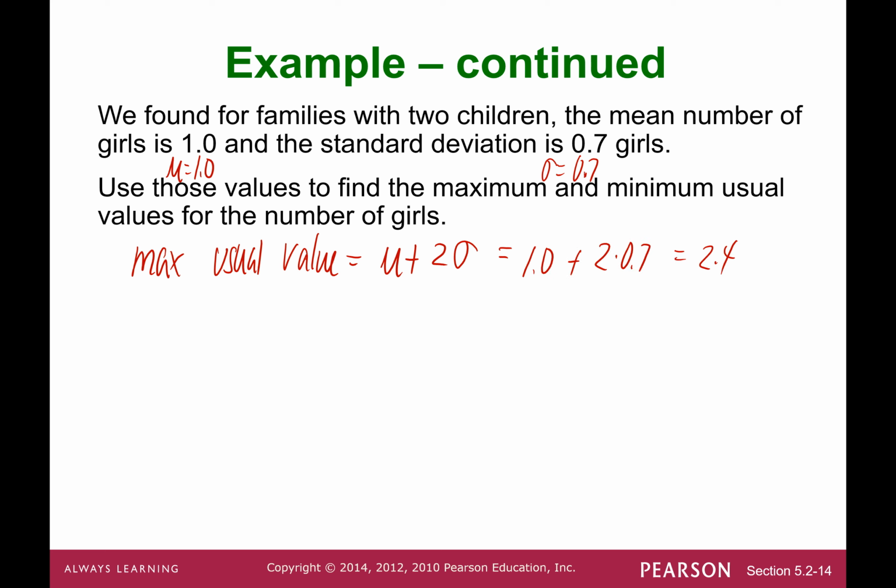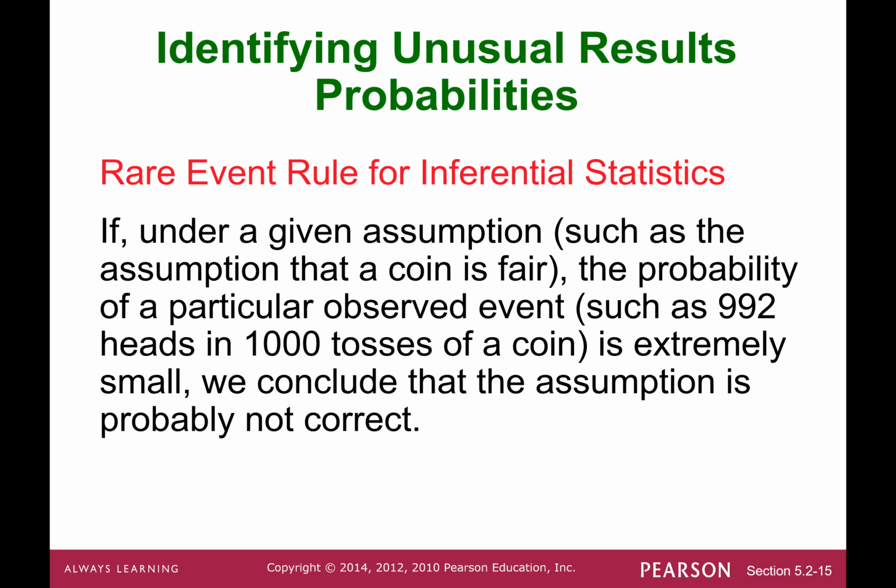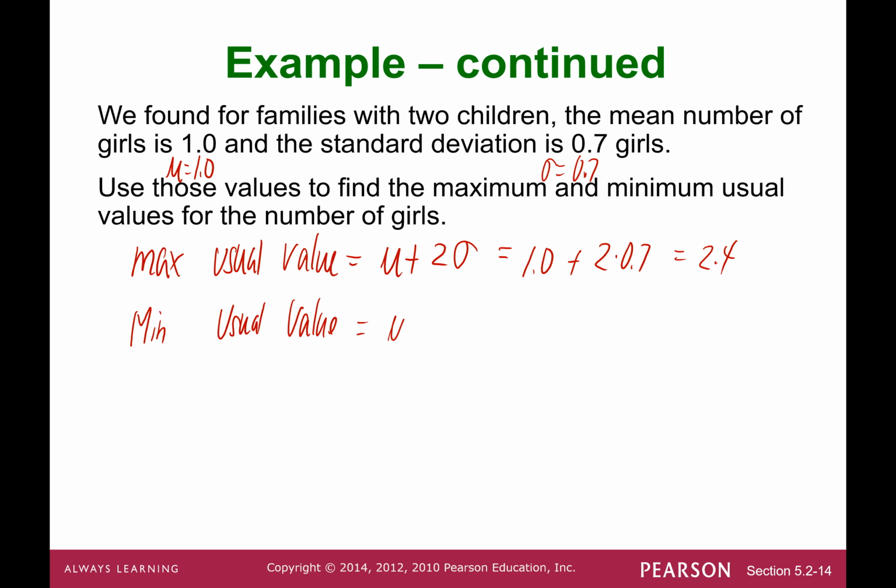Okay, and then the minimum usual value. It's mu minus 2 standard deviations. So it's 1.0 minus 2 times 0.7. That turned out to be negative 0.4.